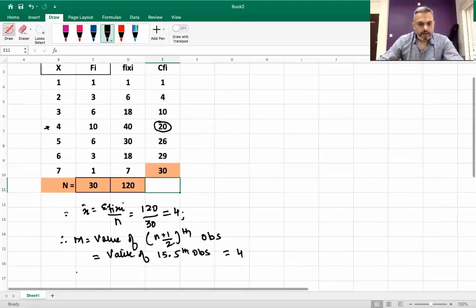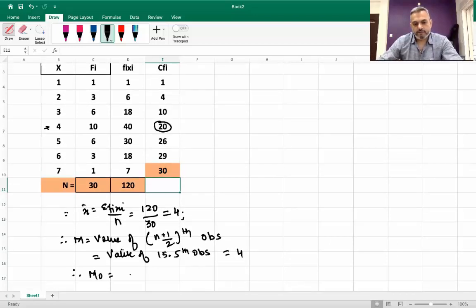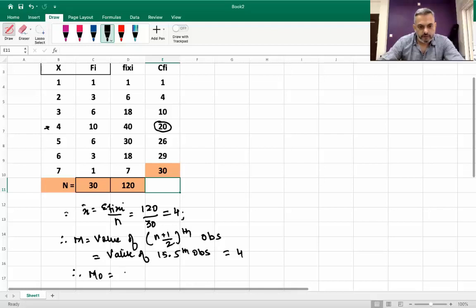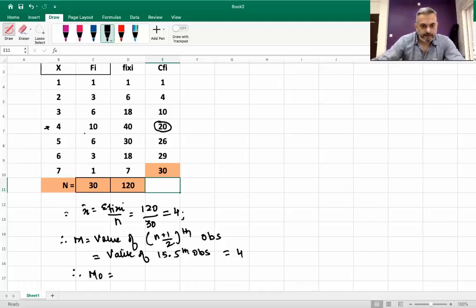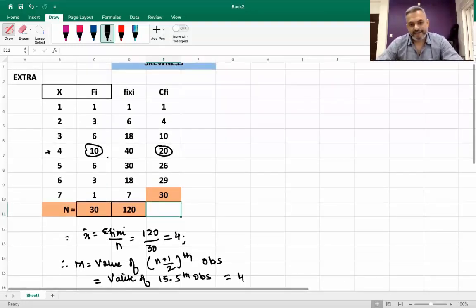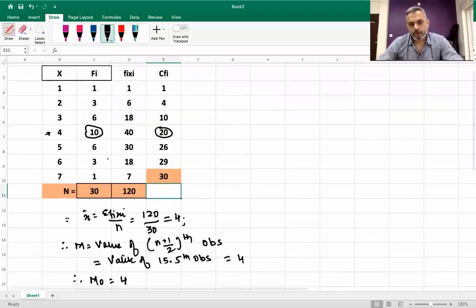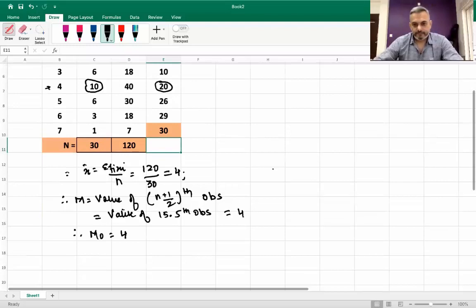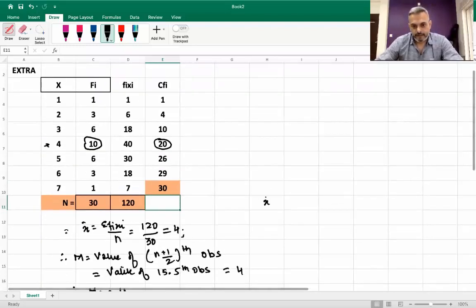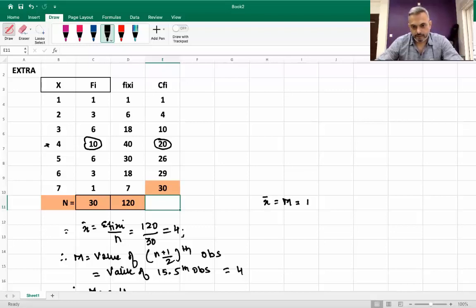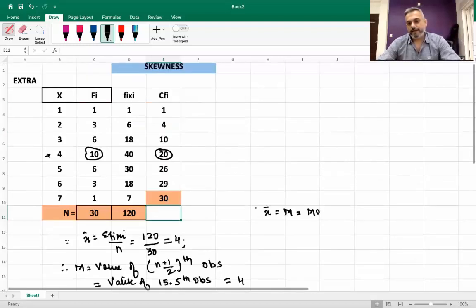And mode is the variable with the highest frequency. Highest frequency is 10, so the variable with highest frequency is again 4. So in this data of Xi and Fi, what we can see is that mean is equal to median, which is equal to mode.